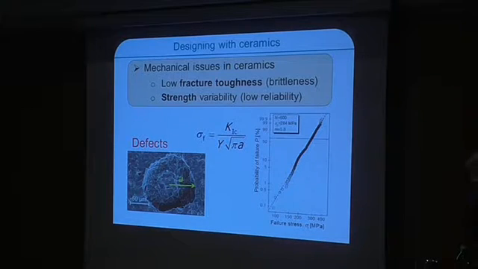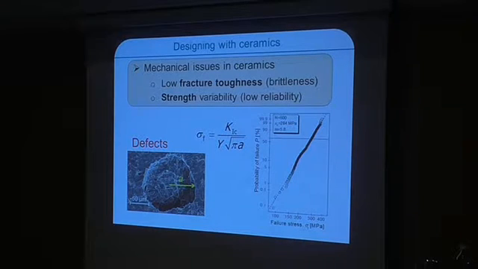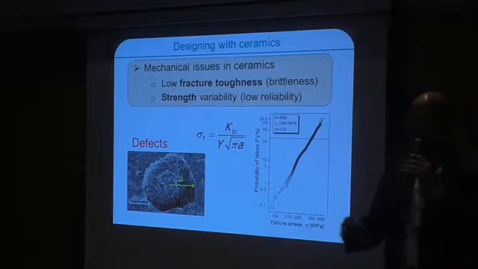And the problem that we have with ceramics, very general, is that we have a low fracture toughness, and we also have something which is called strength variability. So you cannot really find a strength value for your component if it's made of ceramic. You talk about the probability of failure. The reason for that is the presence of defects that you can have inside the ceramic or at the surface, having different sizes.